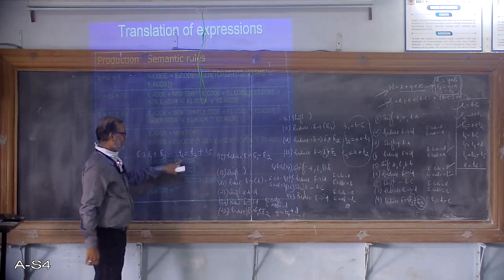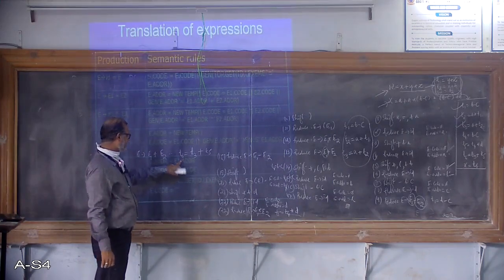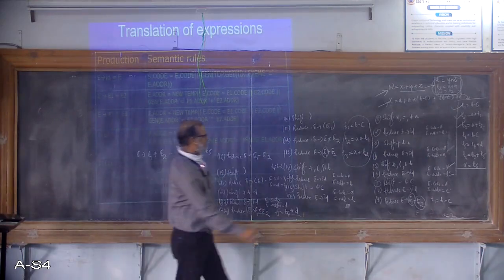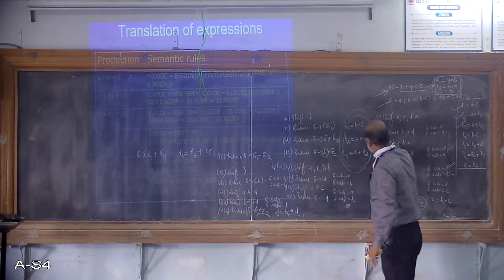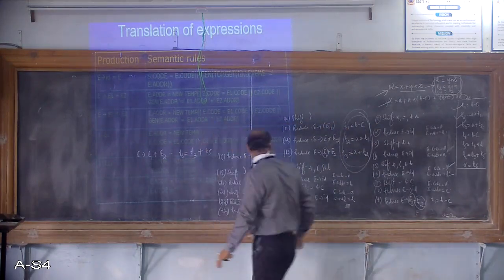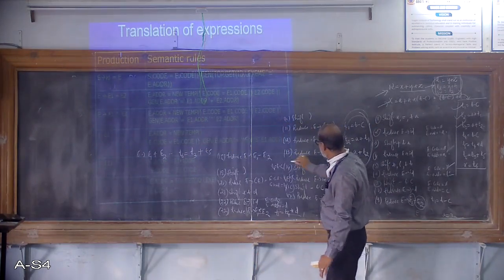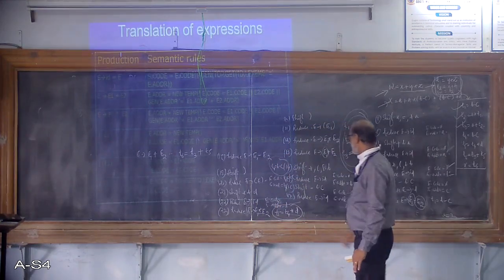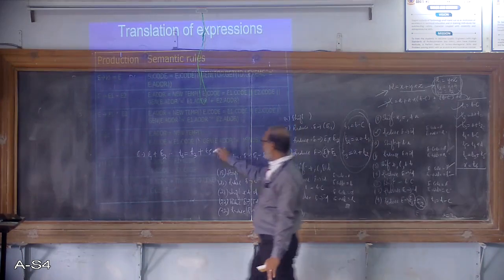And this has to be concatenated with first E1.code, the sequence of three address codes of this E1, which is these three sequences, followed by E2.code, that is these two sequences, T4 equals B minus C and T5 equals T4 into D, concatenated with this.